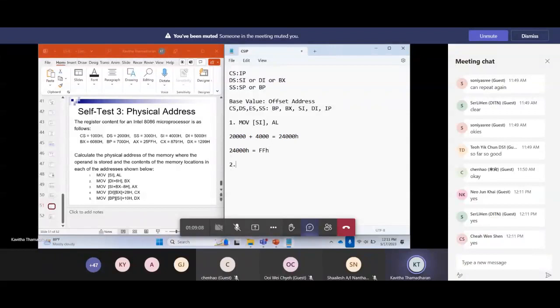Okay, question 2: move DI plus 6 hexa, and you move BX into it. For this question, the segment that pairs with DI would be DS.